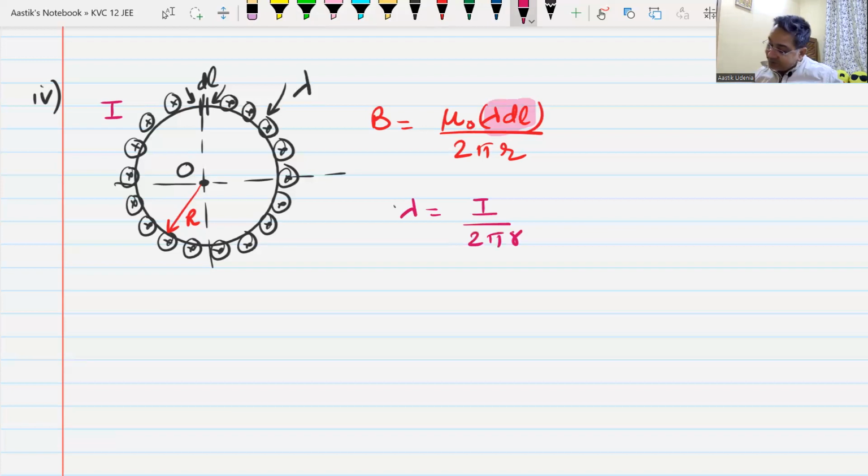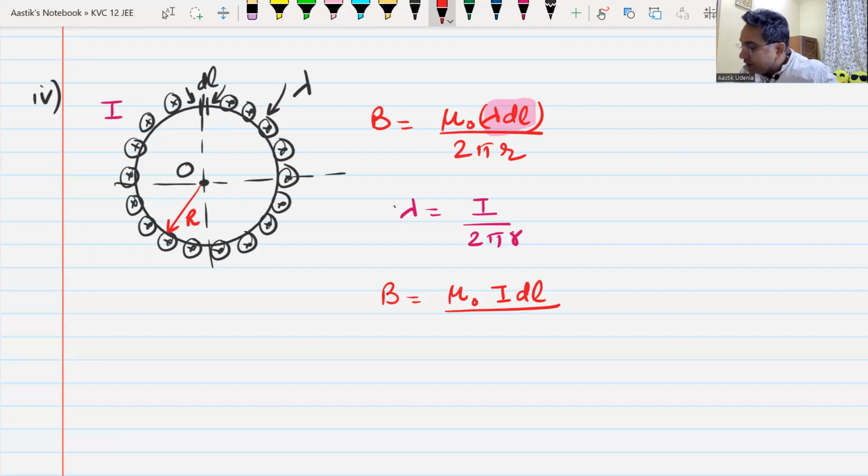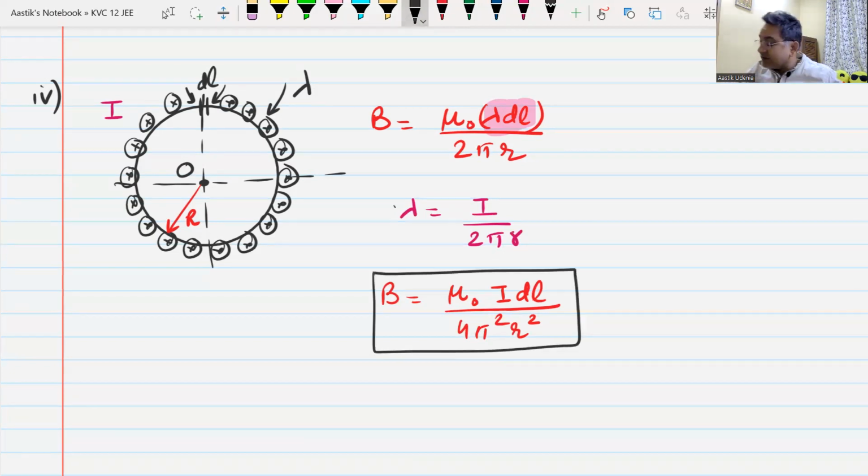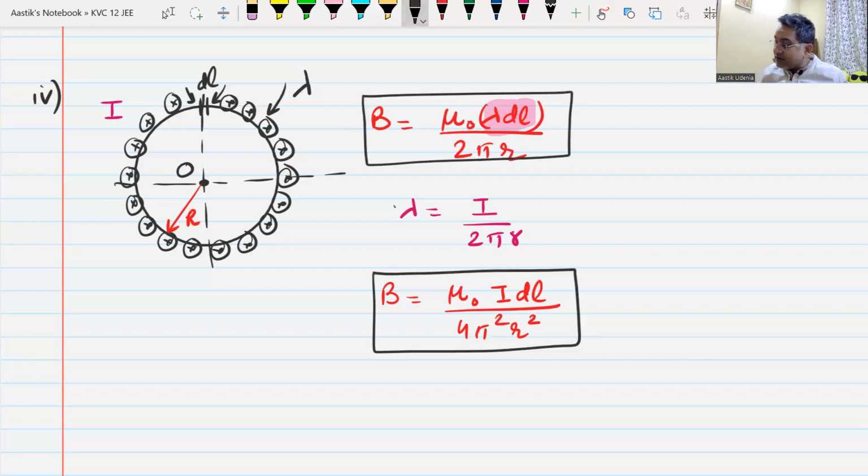Then the magnetic field will become mu naught into I into dl divided by 4 pi square r square. Both the answers are same. One answer is written in terms of lambda. The other answer is written in terms of total current I. Do we understand this? Yes, sir.